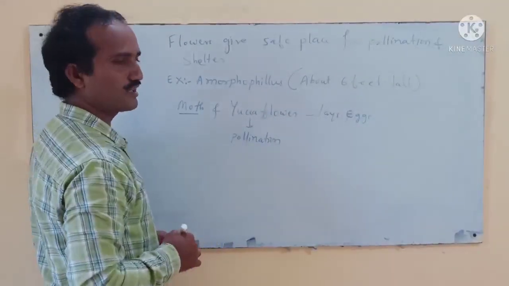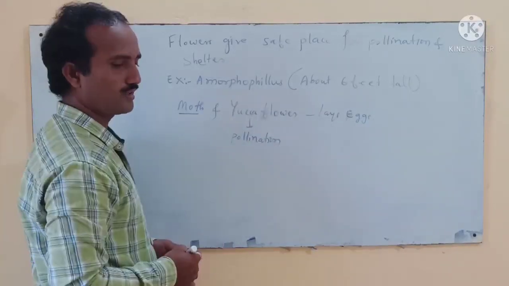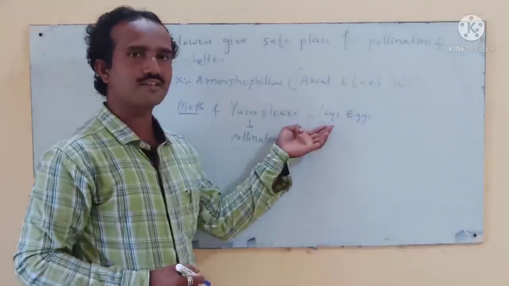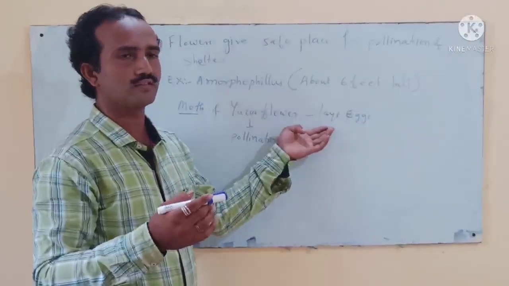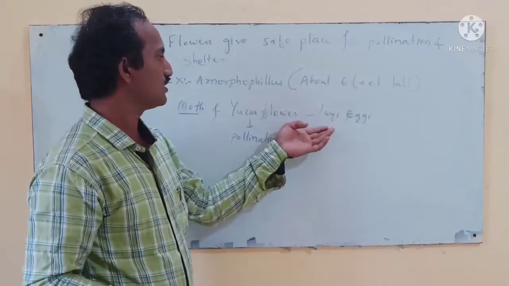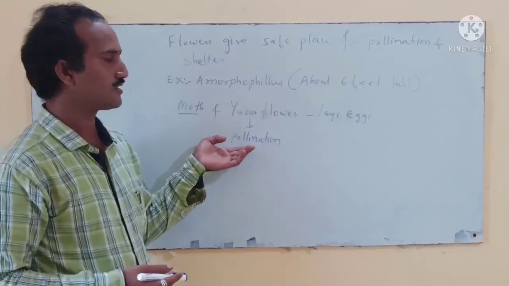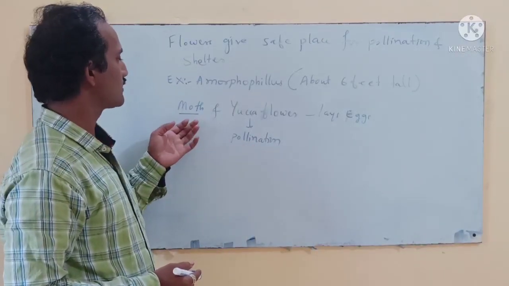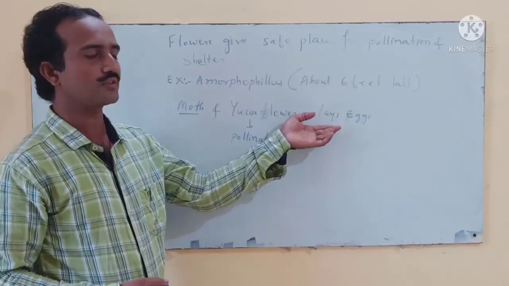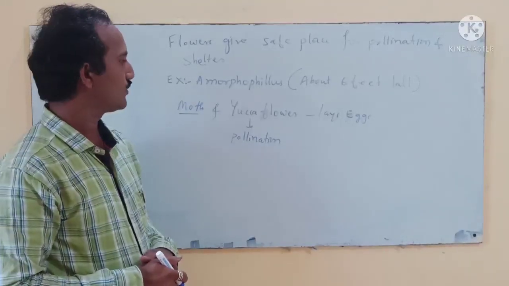Then the larvae, the pupa, will come out after the hatching of the eggs, during the seed formation only. They take place simultaneously in this type of yucca flower.